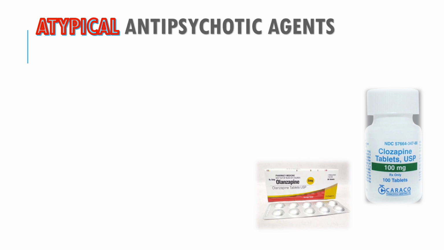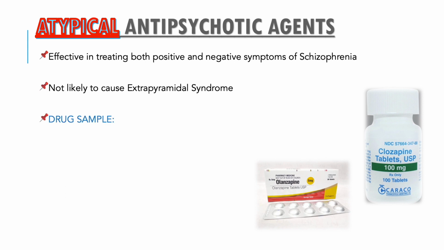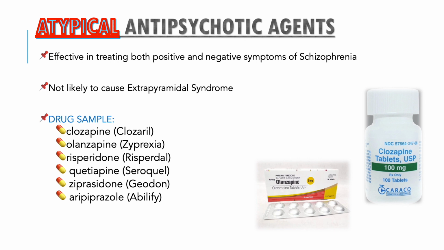Now let's move on to atypical antipsychotic agents. These are effective in treating both positive and negative symptoms of schizophrenia. These are not likely to cause extrapyramidal syndrome. Drug examples of atypical antipsychotic agents include clozapine, olanzapine, risperidone, quetiapine, ziprasidone, and aripiprazole.